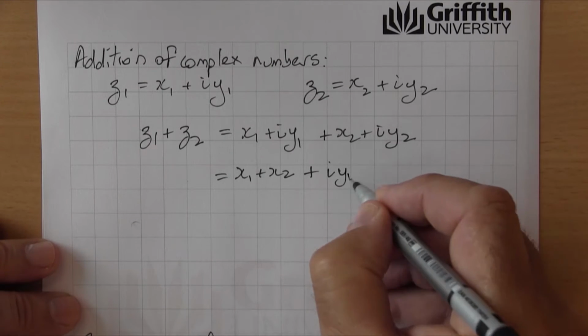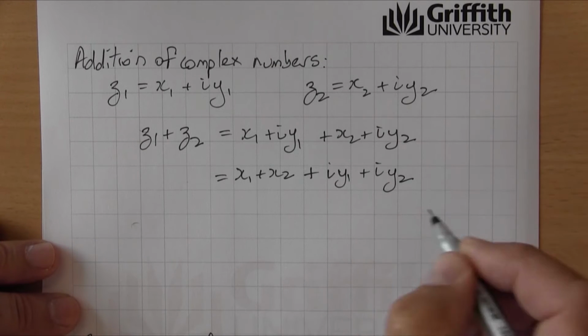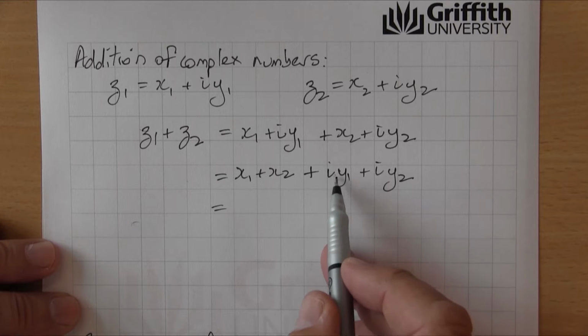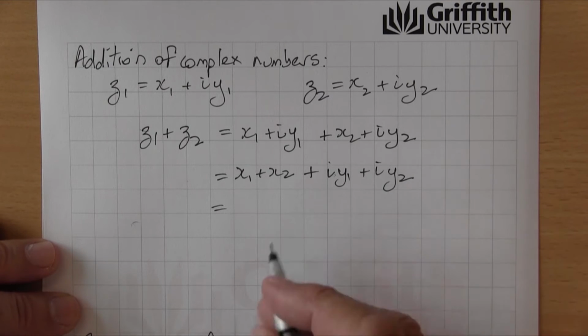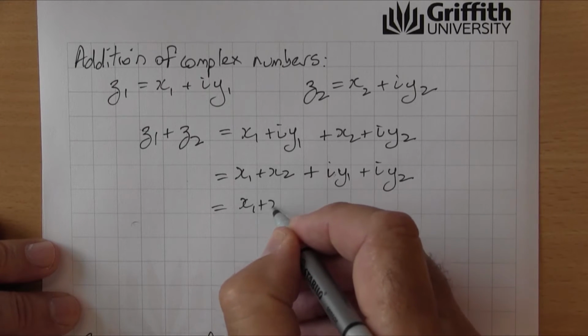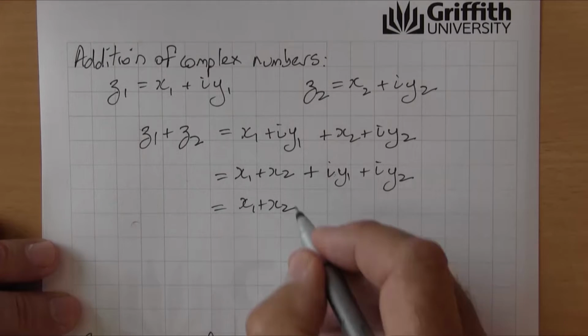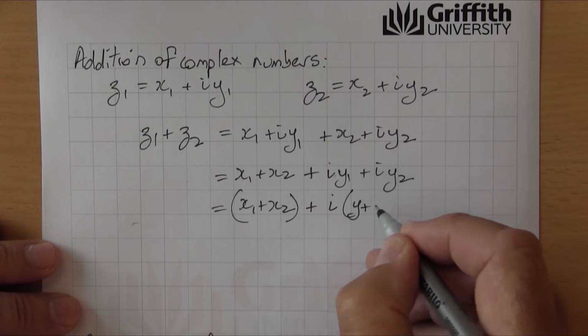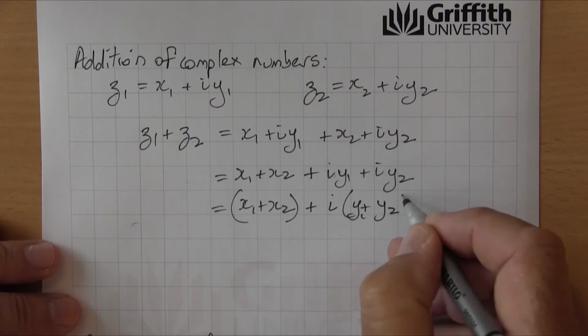So we get i y1 plus i y2. Now by the distributive law, i is common to both i y1 and i y2, so it can come out the front. The real remains unchanged as x1 plus x2, plus i outside of y1 plus y2.